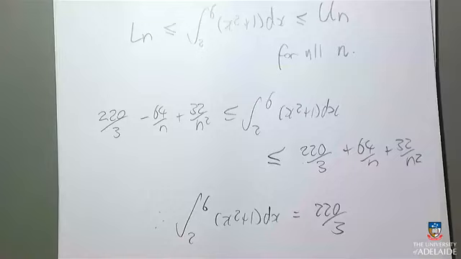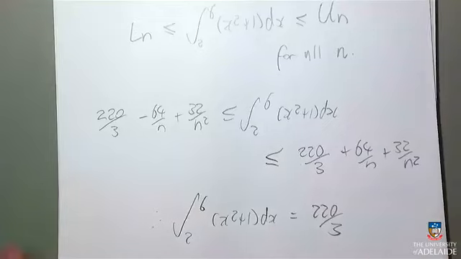This is called the squeeze law. This thing is squeezed between those two numbers, and those two numbers get closer to 220 on 3, and therefore it gets closer to 220 on 3 as well. So there you go. That's the deal.